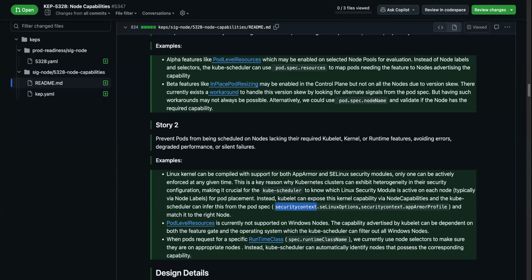It definitely needs more consideration on whether we need to do that, and how we make sure the right capabilities are included and the node exposes the right capability. As a part of alpha, we decided not to do that, but it's definitely worth considering for subsequent stages of the KEP.